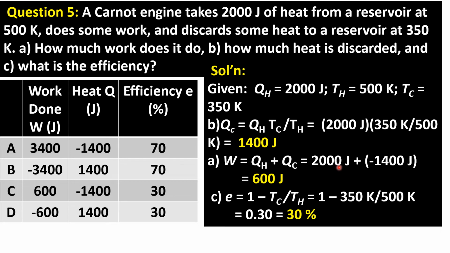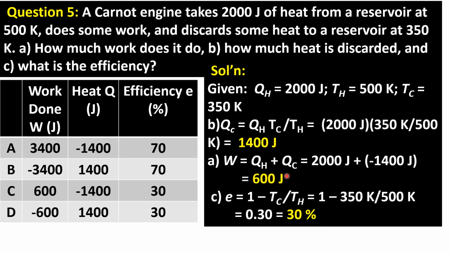So 2000 plus negative 1400 joules will give us 600 joules, of course. Since it is the system that is doing the work, therefore it is considered a positive work.